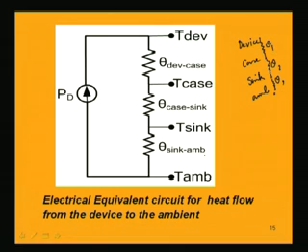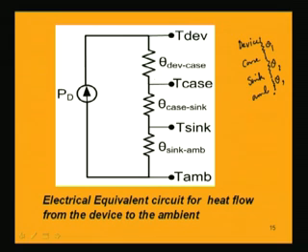The total temperature difference from the device to the ambient air is T device minus T ambient air, which is nothing but T device minus T case, that means device to case of the transistor, plus T case to T sink, that means the case to the heat sink, and then finally heat sink to the ambient air.